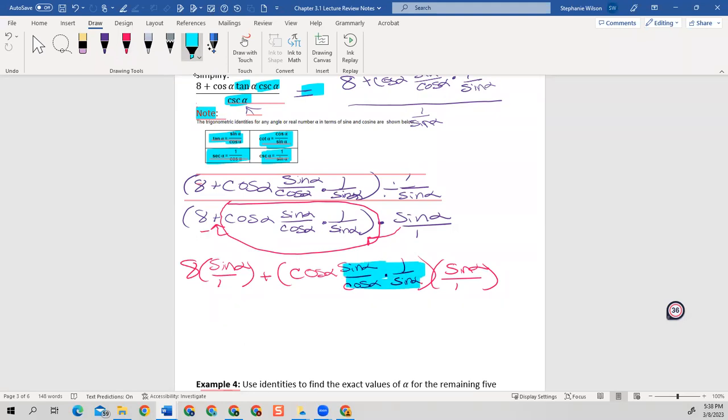Isn't that a fraction? Could I not put a 1 underneath this cosine? And then I can multiply straight across, right? Reduce if possible. So I'm going to go ahead and do that. 8 times that sine. Oops, don't forget the 8. Of alpha plus, let's rewrite this.